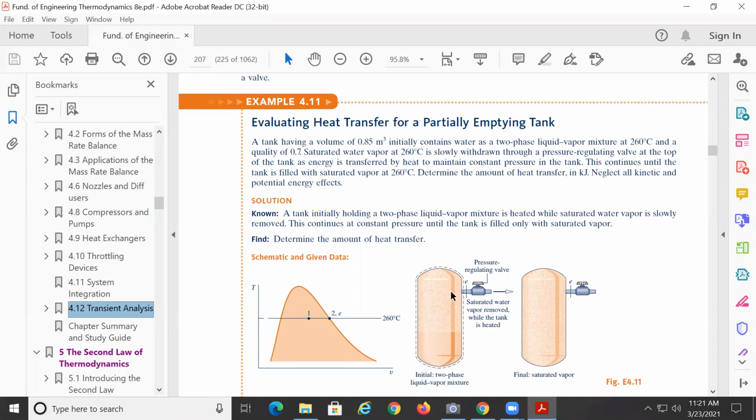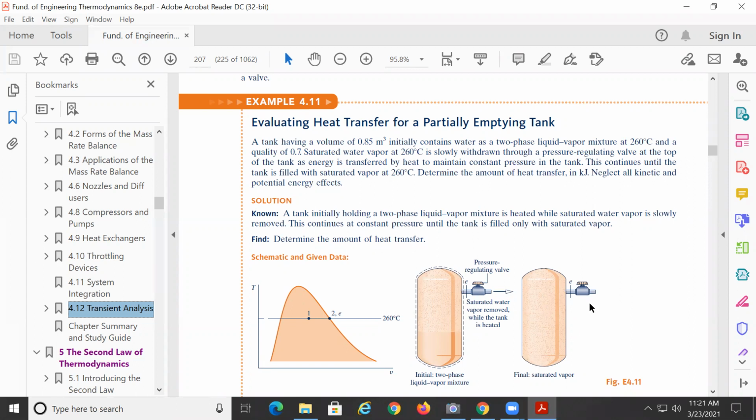So that means you open this valve, and the steam will be leaving, while the liquid water will be staying. As steam leaves, the pressure is supposed to go down, so what they say is that the steam is going to leave at a constant pressure. In order to keep the same pressure, you keep heating this water, so some of the liquid water will evaporate, no? Okay? We'll do a figure. And this continues until the tank is filled with saturated vapor at 260.